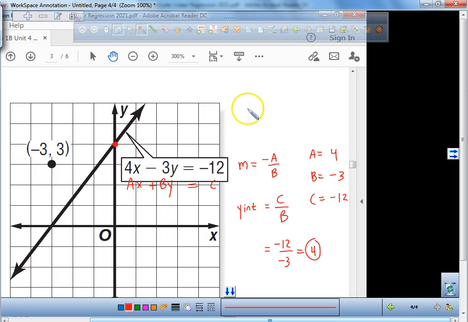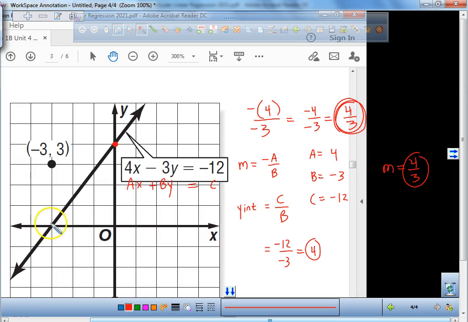What about the slope, though? -a, and what's my a value? 4, over my b value, which is -3. So if I get -4 over -3, what does that become? 4 over 3. What is my slope, everybody? My slope is 4 over 3.